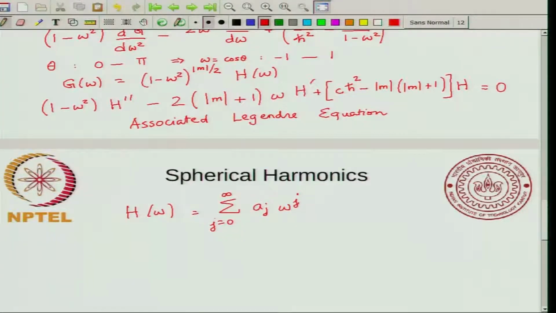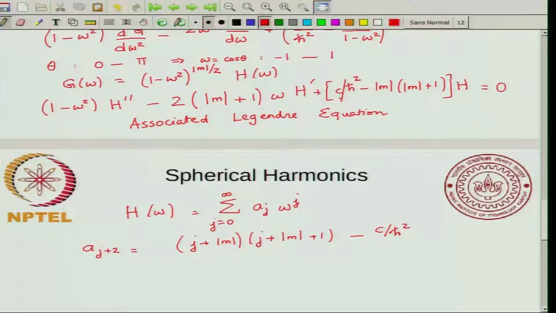Now if you substitute in this, you will get the recursion relation that looks like a j plus 2 is equal to j plus absolute value of m times j plus absolute value of m plus 1 minus c divided by h bar square. Oh, this should be c divided by h bar square.